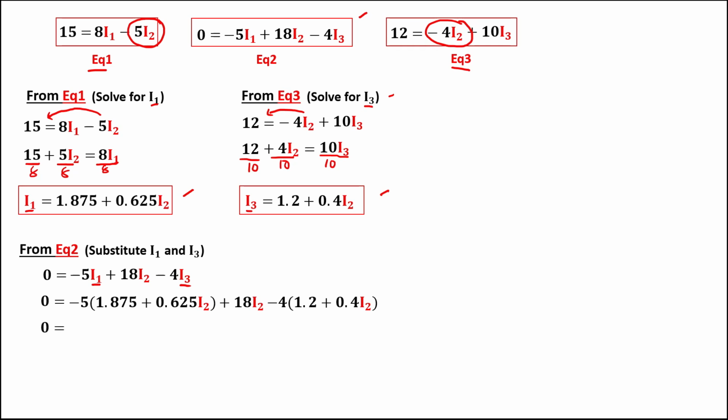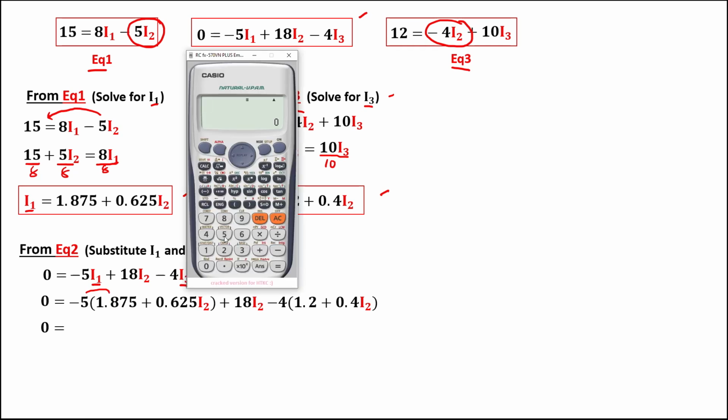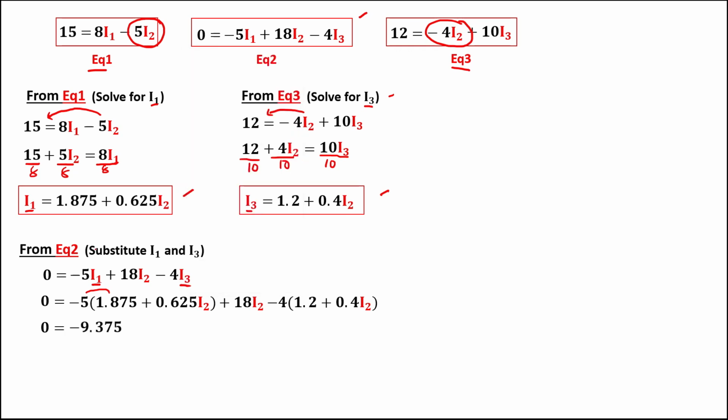Then to simplify, negative 5 times 1.875 is negative 9.375.